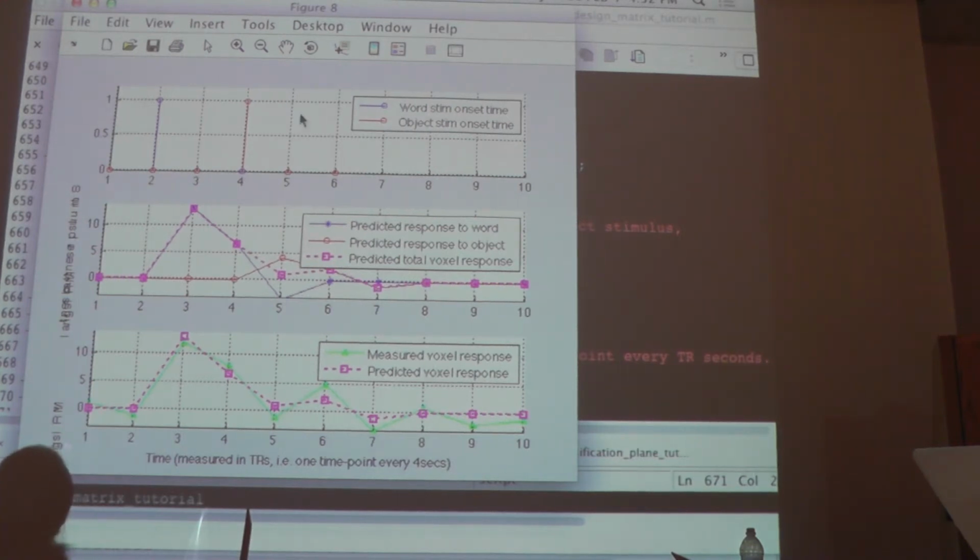Okay, so just to recap, here are our stimuli. I presented a word at this time. I presented an object at this time. Then I recorded this noisy voxel data, which is this green thing here, which is probably a little bit hard to see.